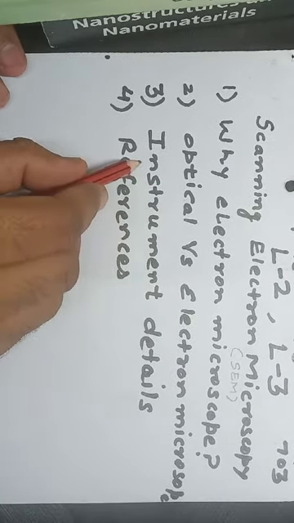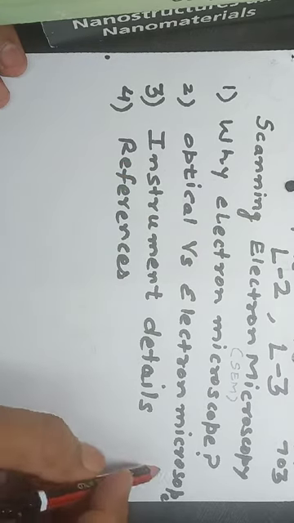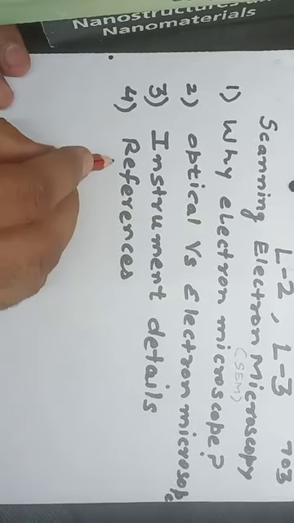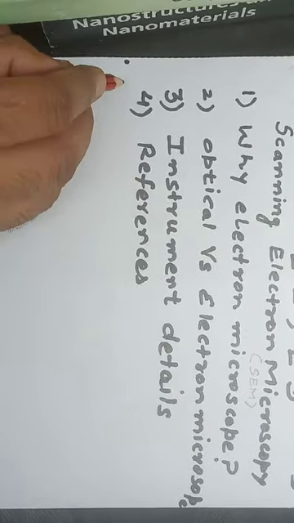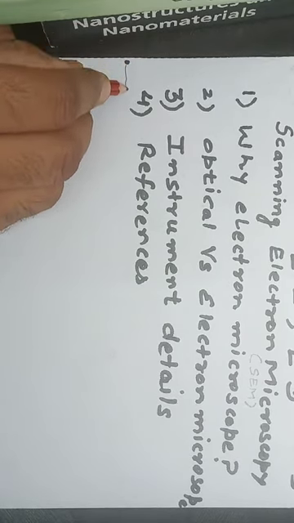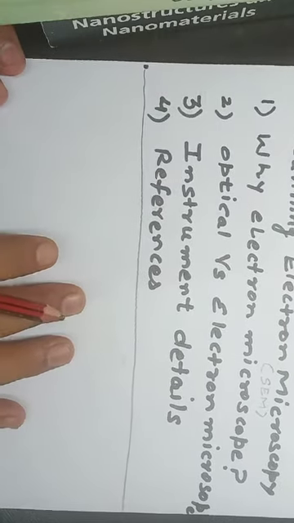After that, we would come to the instrument details of the scanning electron microscope, and finally, we would also explore the references. So let's come one by one to these topics.